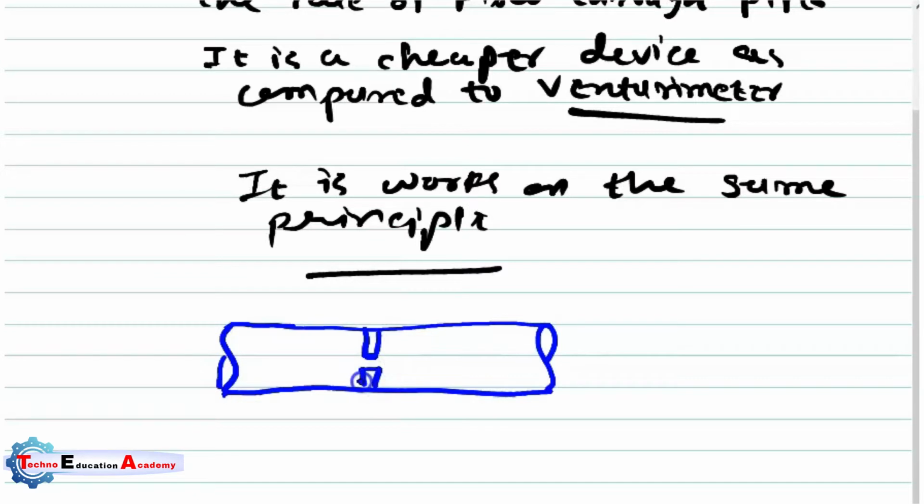This is called the area of vena contracta. Here is section 1, here is section 2, and in between there is a manometer.